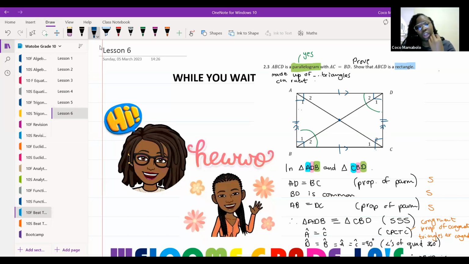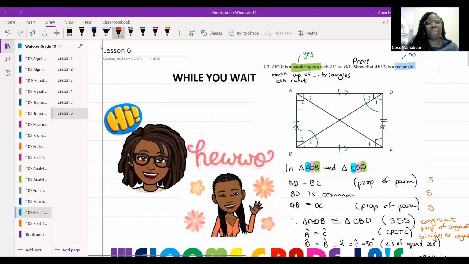Can I use the word car in the definition for car? If I'm trying to explain to you what a car is, can I use the word car in my explanation? No, it's not going to work. So because I want to prove that this is a rectangle, I cannot use the properties of a rectangle. I can only use the properties of a parallelogram.